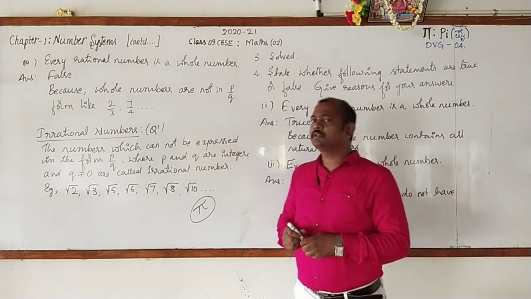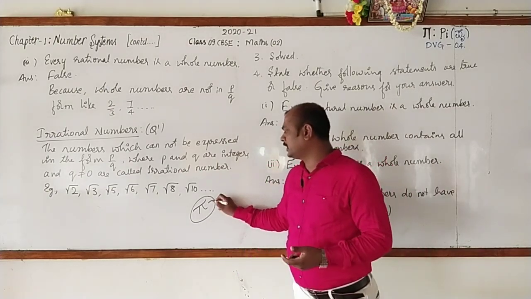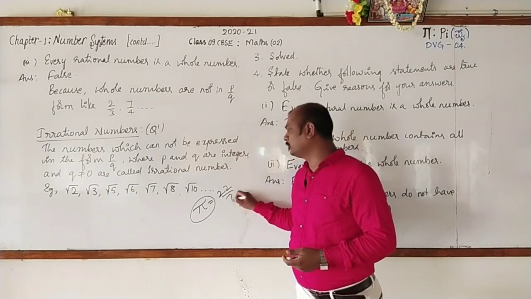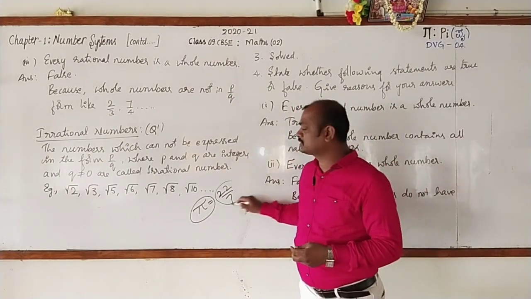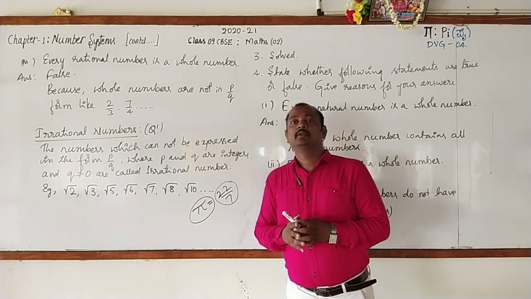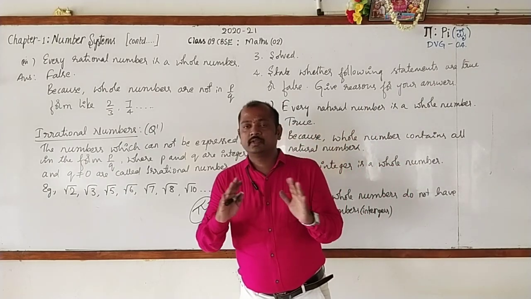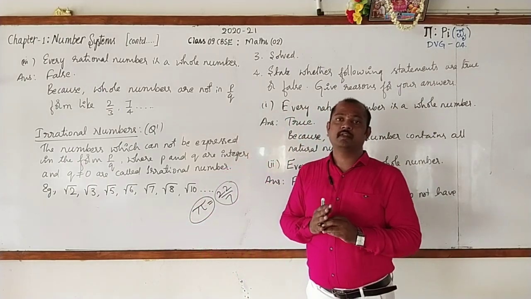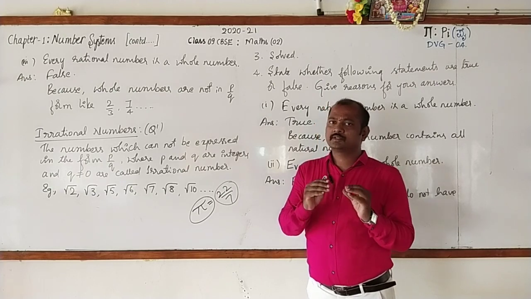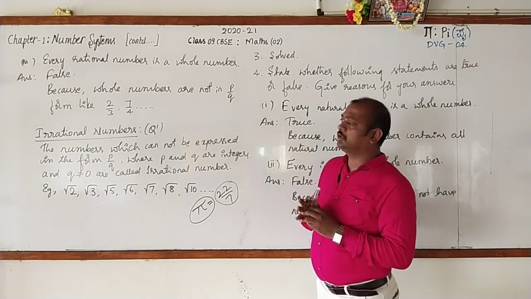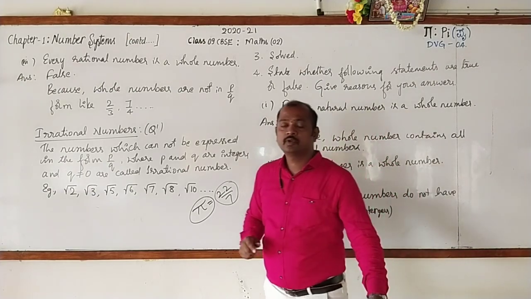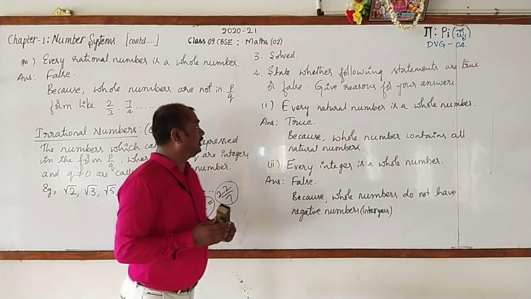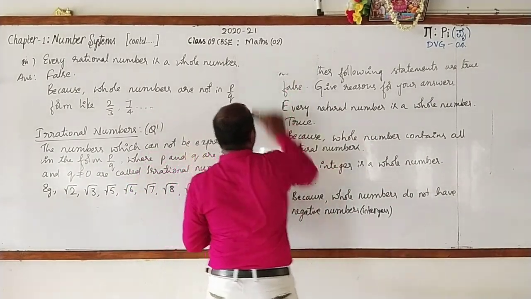You all may be thinking that, sir, many times we have used pi is equal to 22 by 7. It is just an approximate value, but it doesn't have exact value. Pi is an irrational number. These are some of the information regarding irrationals. Please copy them. They are also very important from the examination point of view.